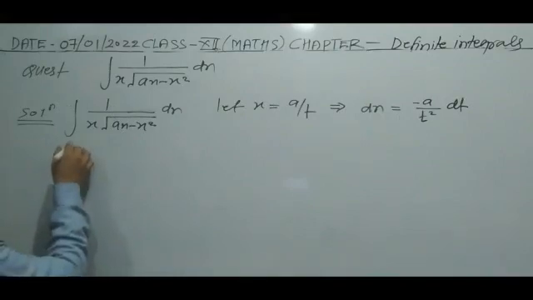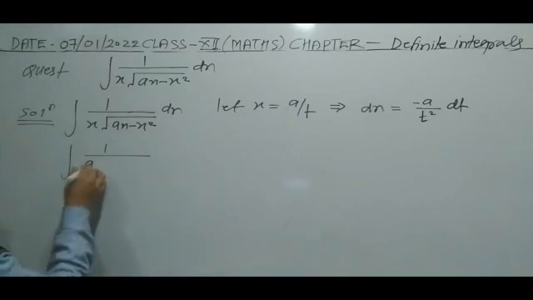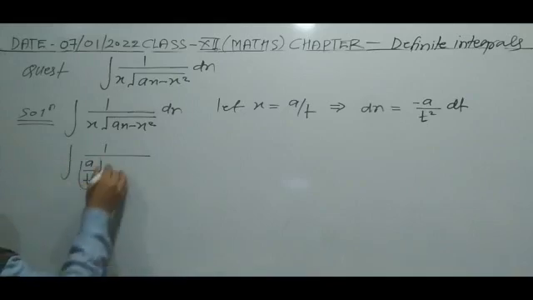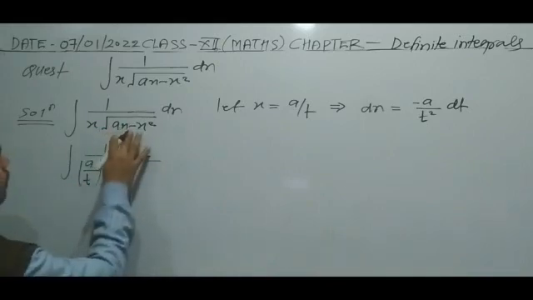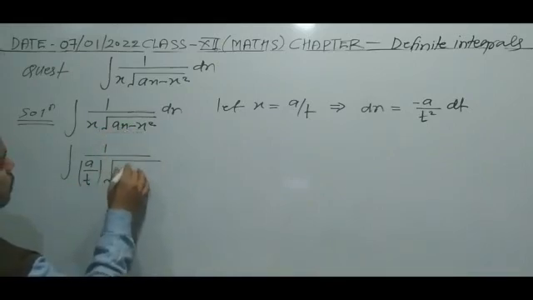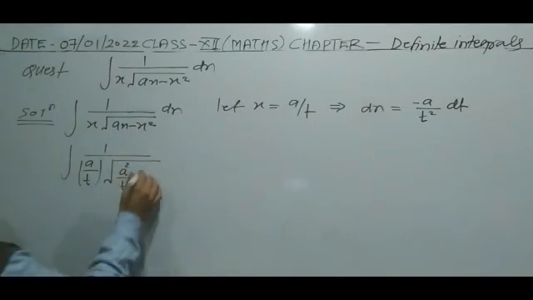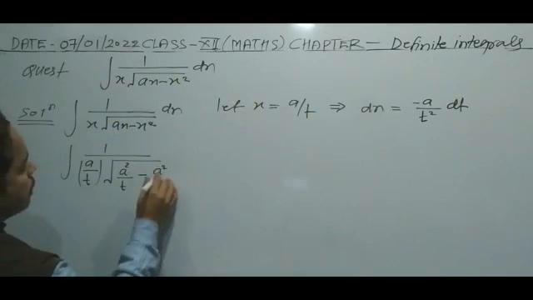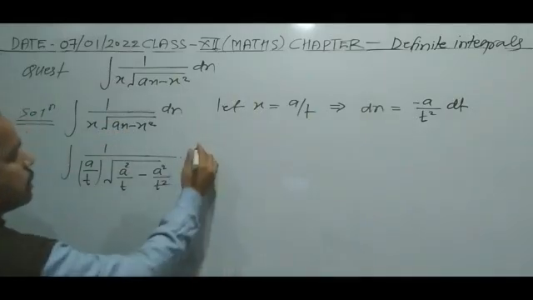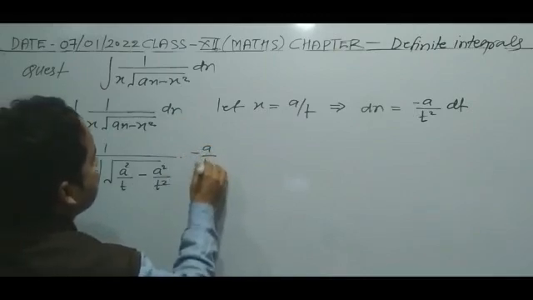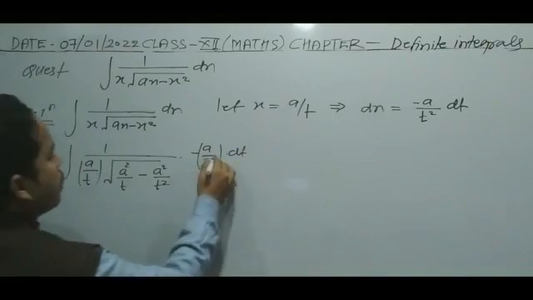Now the integration will convert. 1 upon x, where x is equal to a by t, with under root a by t, means this result will be a square by t, minus this result is a square by t square, and now this result is minus a by t square with the dt.